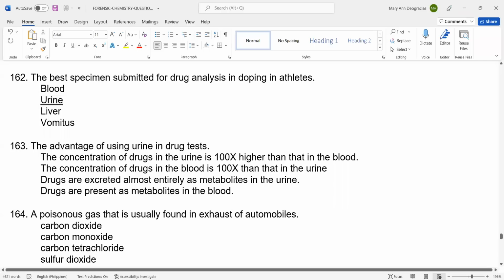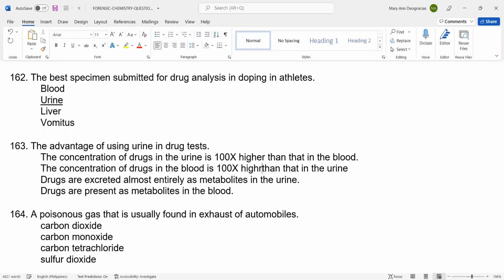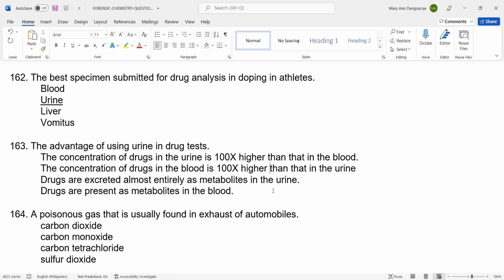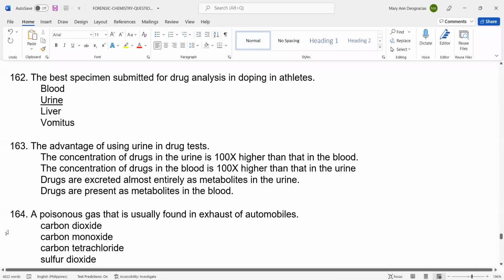Higher. C. Drugs are excreted almost entirely as metabolites in the urine. Metabolites is parang residue lang siya. D. Drugs are present as metabolites in the blood. Okay, our answer here is letter A.